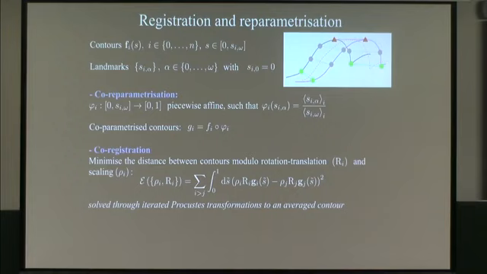This can be solved iteratively. The outcome is the registered contours with the corresponding landmarks. We keep the rotations and we remove the scaling factors, because we want to keep track of size information. So we have a common parameterization for all contours with possible variations in size between contours.